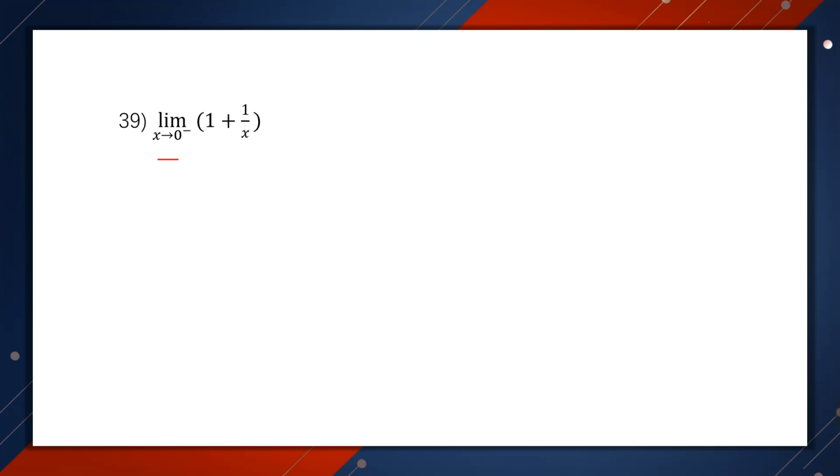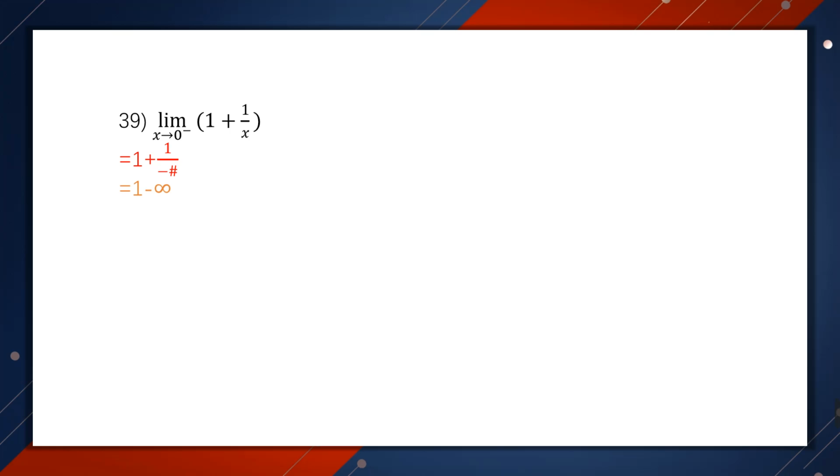When the limit of 1 plus 1 over x as x approaches 0 from the left side, we could directly replace x with 0, so we get 1 plus 1 over negative infinity.